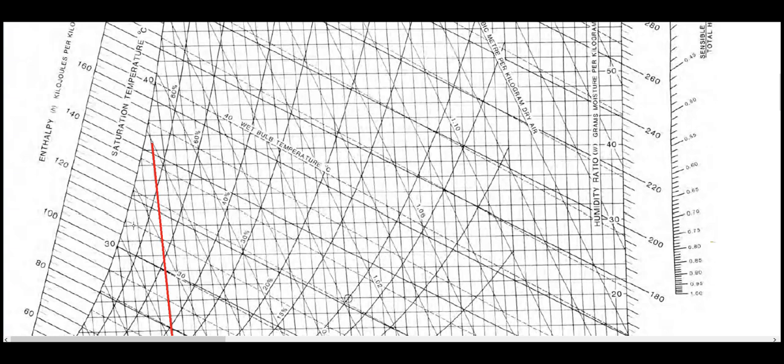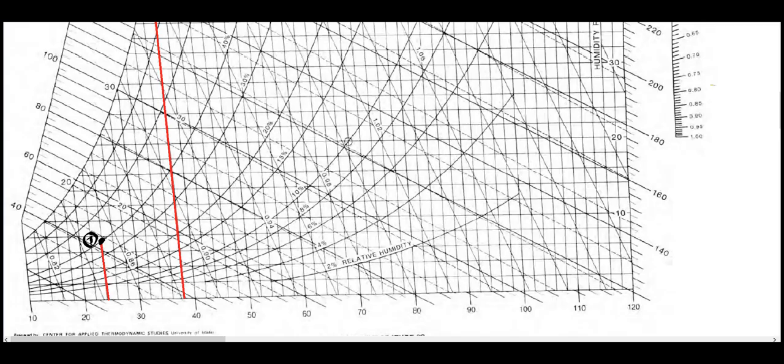So this is 32, 34, 36, 38, and then you have 40 wet bulb. This is almost close to the saturation curve. So we have here your point 2.